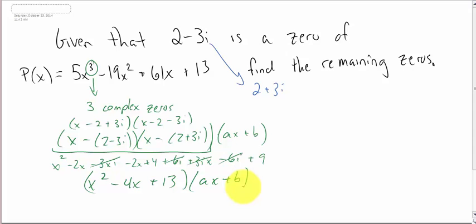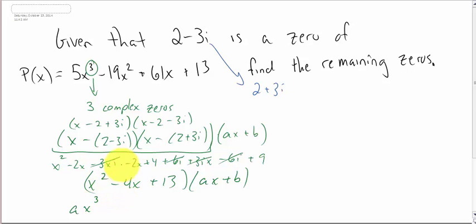Okay, I'm going to further expand this. I'm going to keep multiplying, and then I'm going to compare my coefficients to the individual terms. I could do long division at this point. I could take p of x and divide by this quadratic to find my remaining factor, but I'm going to do it a little bit differently, step out of the dividing realm for a minute, and expand this.